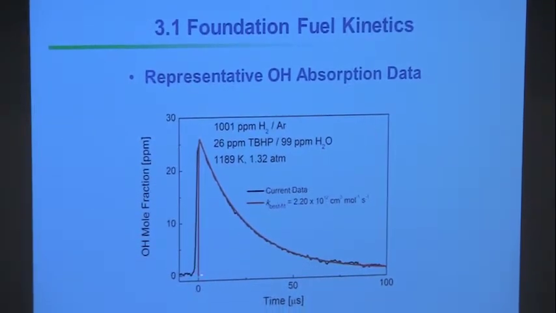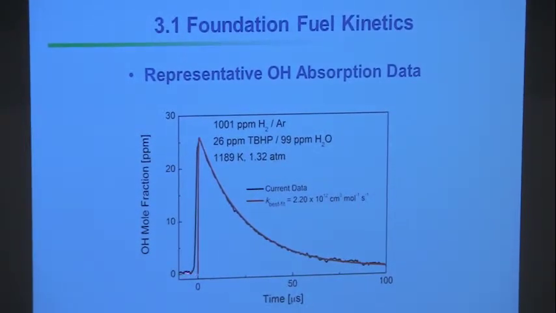Time behind the reflected shock wave, and you see the OH absorption goes from 0, jumps up to about 25, 26 parts per million, and it decays exponentially. Why does it decay exponentially? Because in this limit, the only reaction of OH is the reaction with H2.